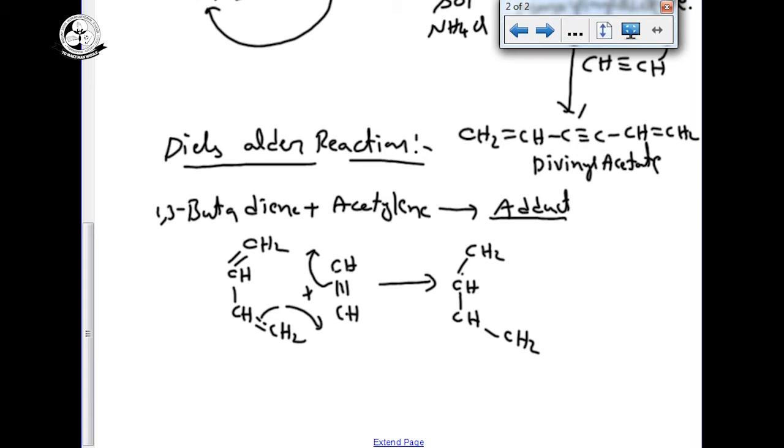CH2, CH, CH, CH2, again CH, CH. See where the bonds are not satisfied with tetravalence like this. Otherwise, simply we can write like this. We can say that is adduct, or one more name, addition product.